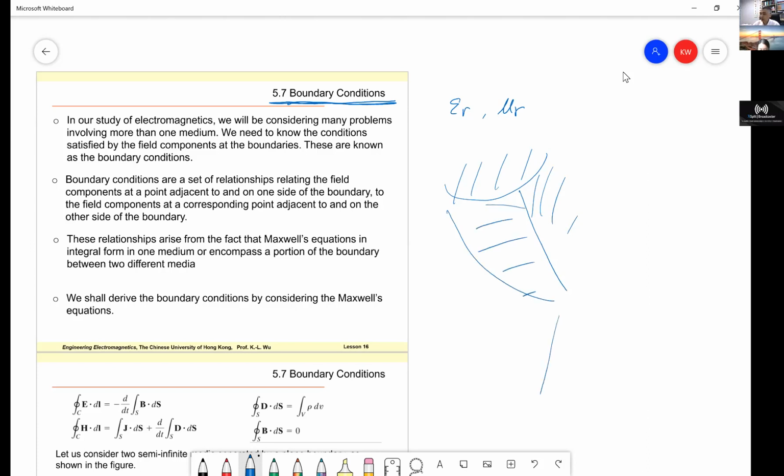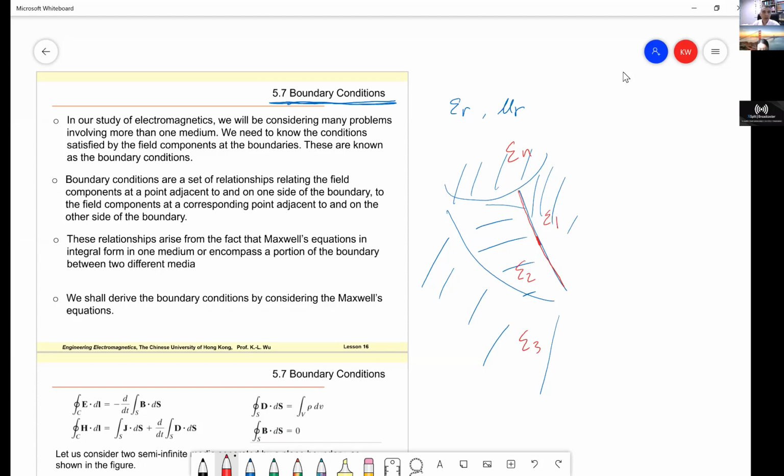What is the property of the electromagnetic field on the common boundary? If this is medium 1, medium 2, medium 3, and medium n, what is the property of the electromagnetic field across a boundary?